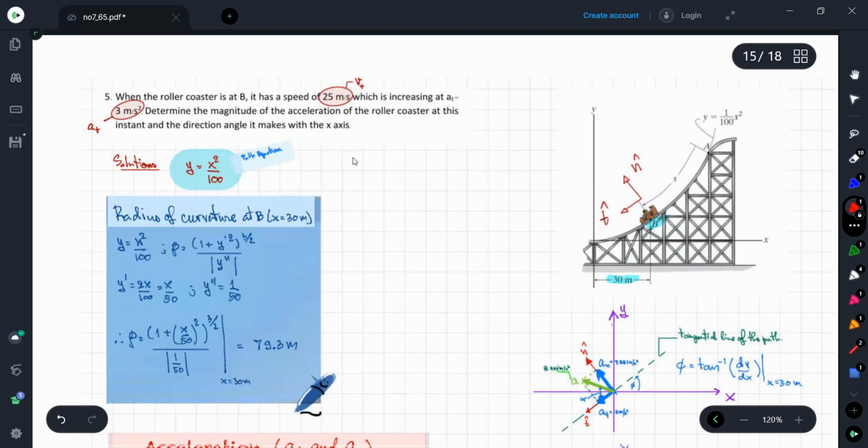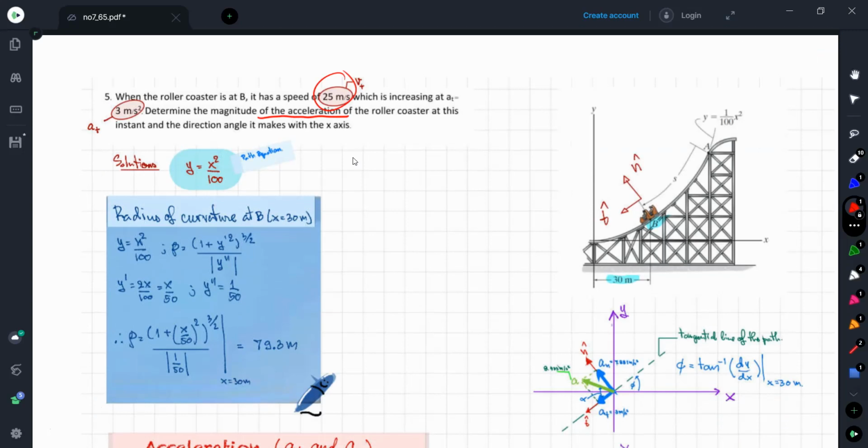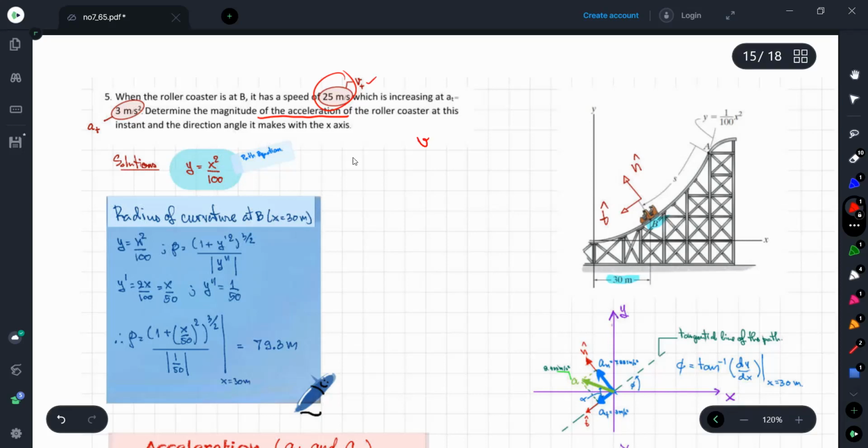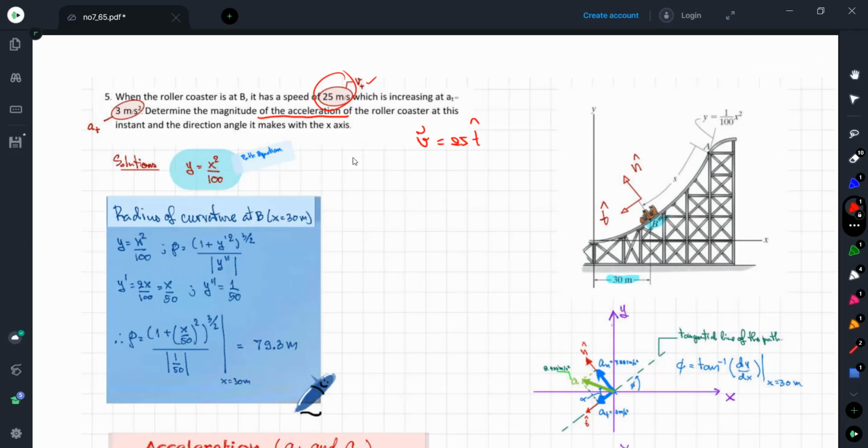We would like to find just the acceleration, because velocity we already know. For the normal and tangential directions, velocity has just one component, so v is just 25 t, and the problem does not ask for it.